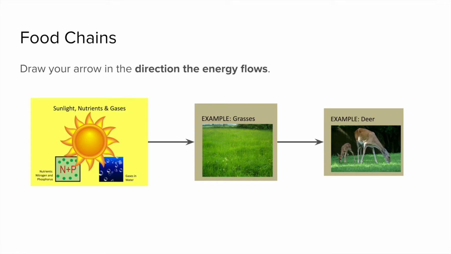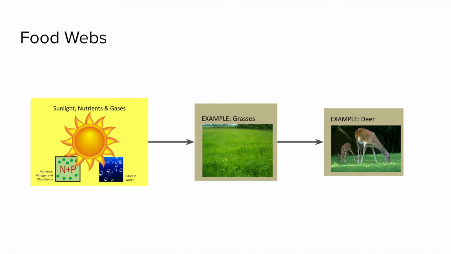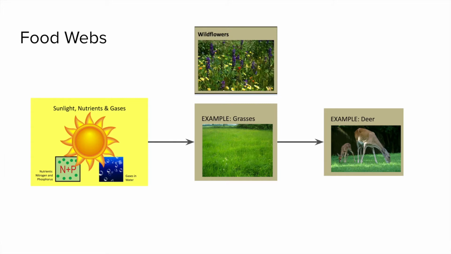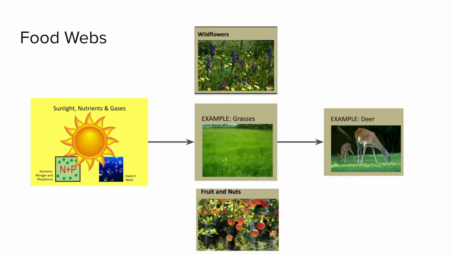But what happens when it gets a little more complicated? A food web. So we know for a fact that there are more plants that use sunlight than just grass. And some of those examples are wildflowers and fruits and nuts. So how do you think these two additions will alter our food chain into a food web?